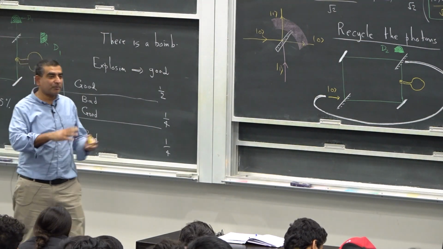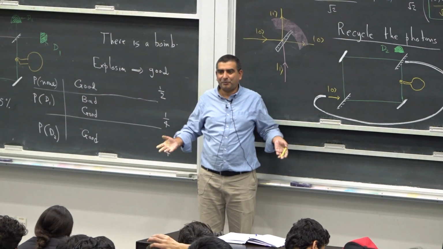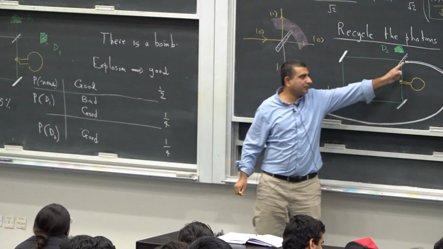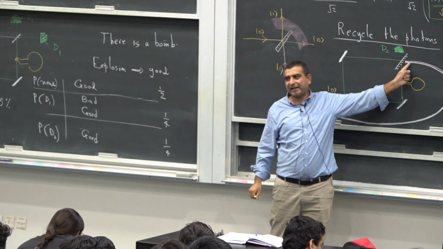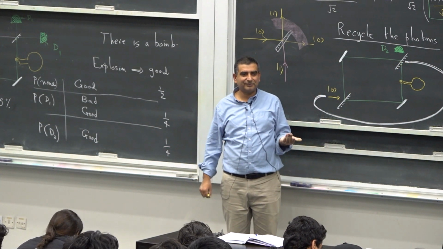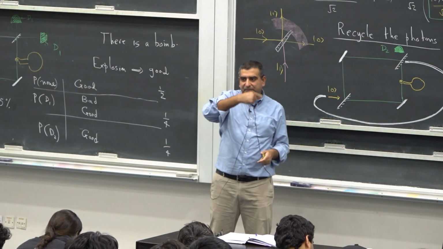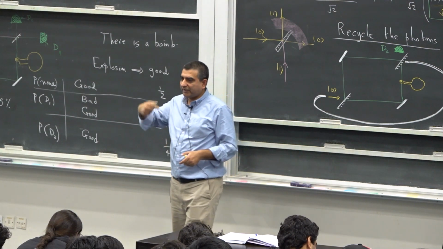But now the photon has not been absorbed. It's still there somewhere in the system. Where is it going? It must enter this optic fiber. It has to go somewhere. So it enters the optic fiber and is then recycled into the input port, and the experiment repeats itself. The photon is now being recycled.